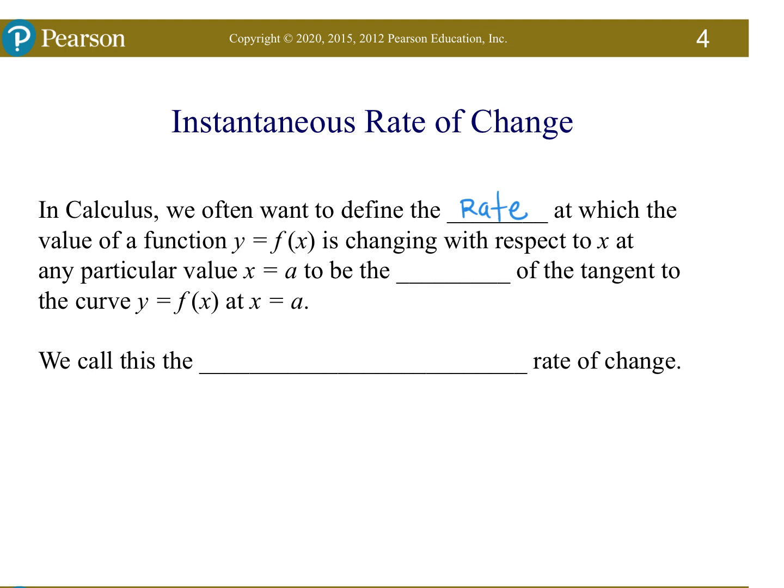So rather than being an interval of time, it is a single unit of time. And so we define that as how the rate is changing with respect to x at a particular value, a. Not a and b, just a. And we call that the tangent.